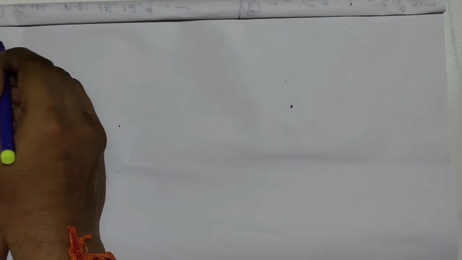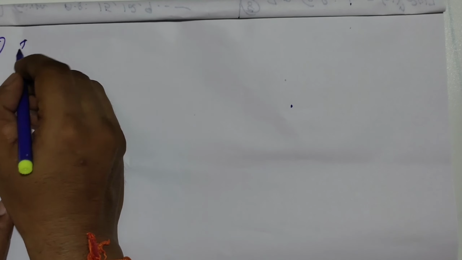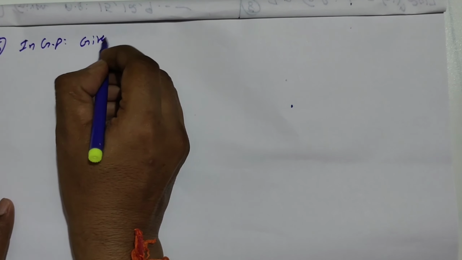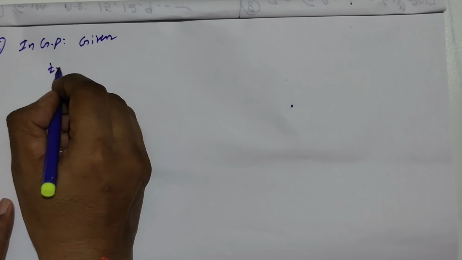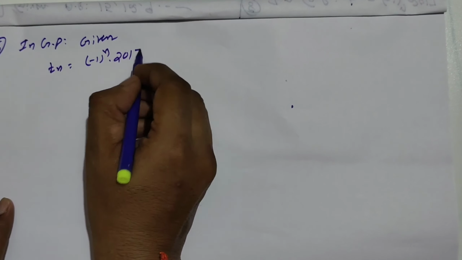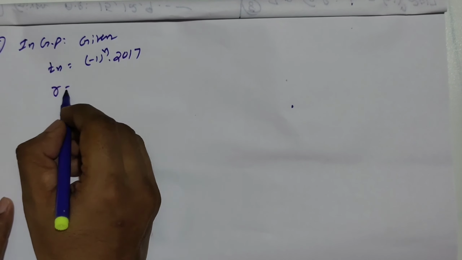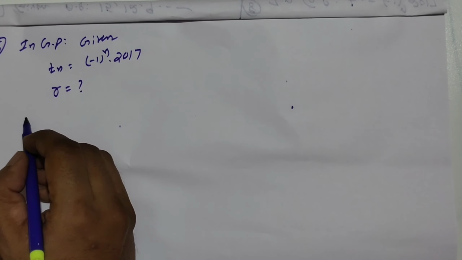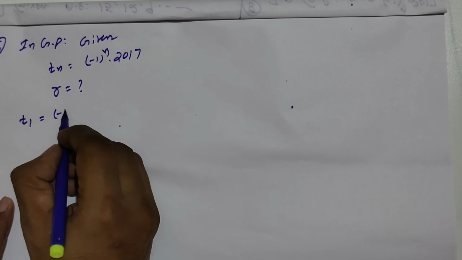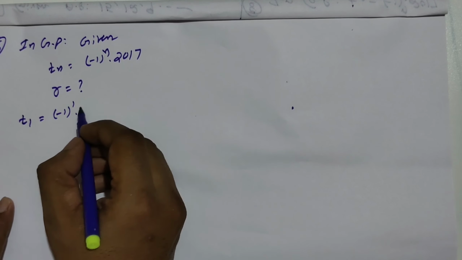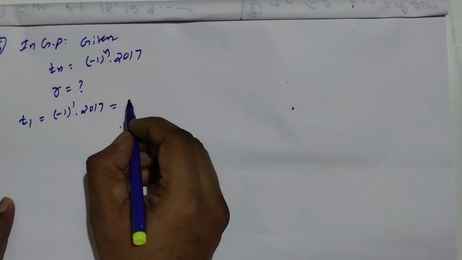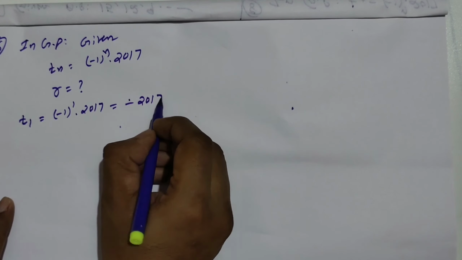Now 8th one, here in GP given Tn is equal to minus 1 whole to the power of n into 2017. So we have to find R. To find out R, we have to get T1 and T2. To get T1, just simply substitute n as 1. So minus 1 to the power of 1 into 2017, that is minus 2017.